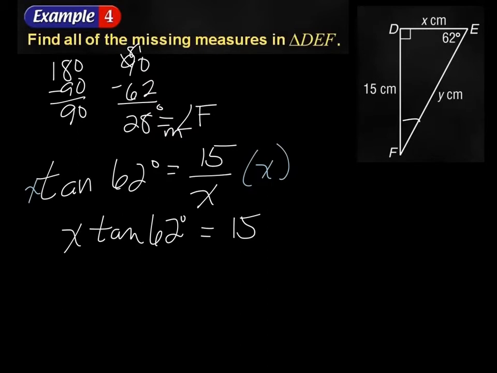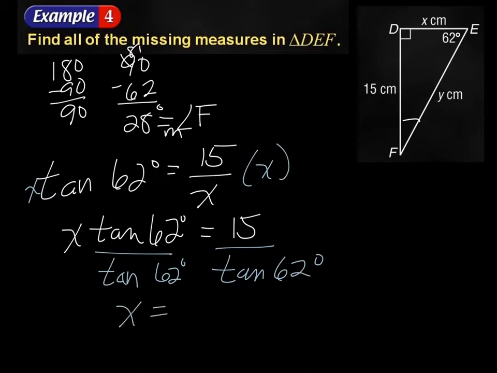So to get x by itself, we're going to divide both sides by the tangent of 62 and type it in the calculator. And again, you can either use the divide key or you can use the fraction button, it doesn't matter. And I'm working off of keystrokes using the multi-view calculators that we have in the classroom. If you have an older calculator, you may have to type this in a bit backwards. And they didn't say what to round to. Yeah, it looks like they just rounded to the nearest whole number. That'll be fine.